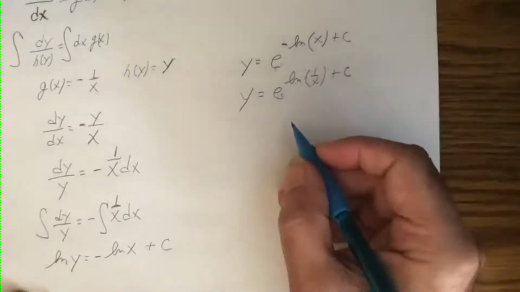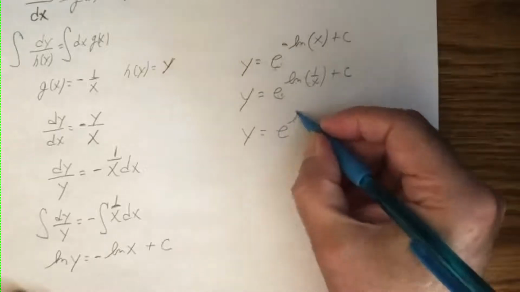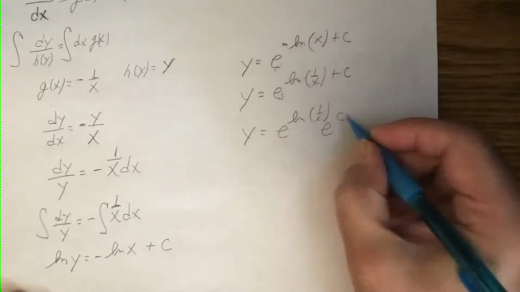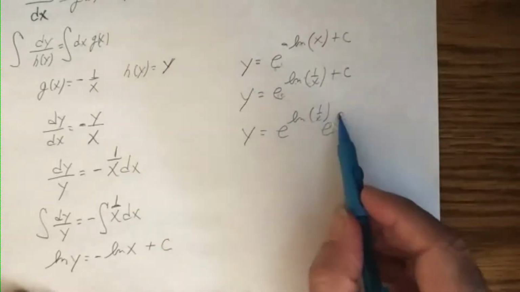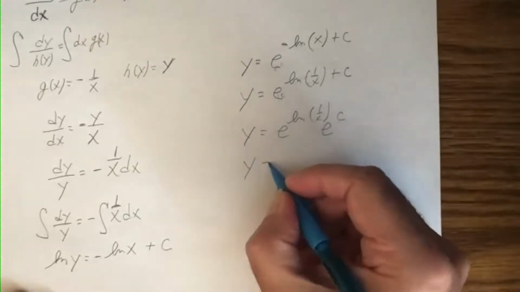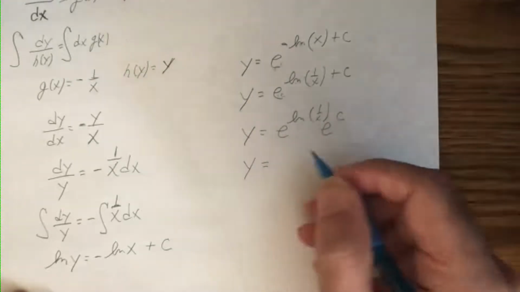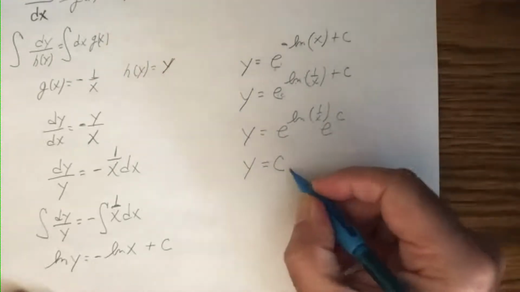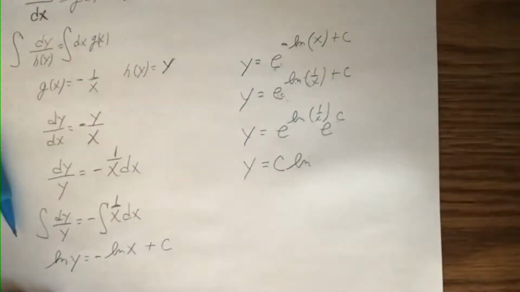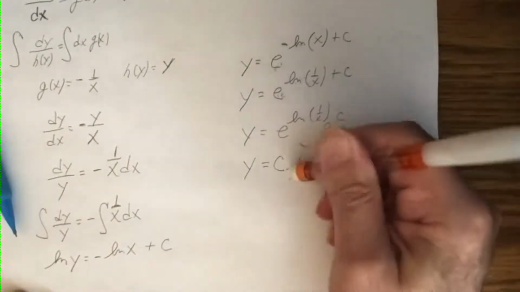So let me do another step. Let me write this as y equals e to the natural log of 1 over x, and then I'm going to write this as e to the c, since we add the exponents. Now e to the c is a constant, so I'm just going to write e to the c as c, because that's also a constant.